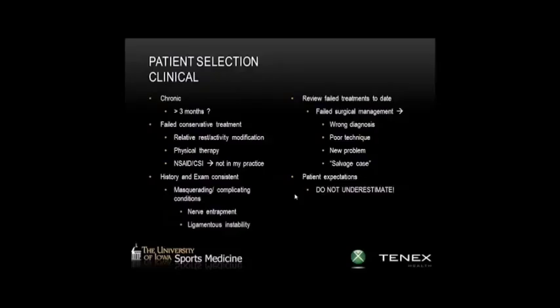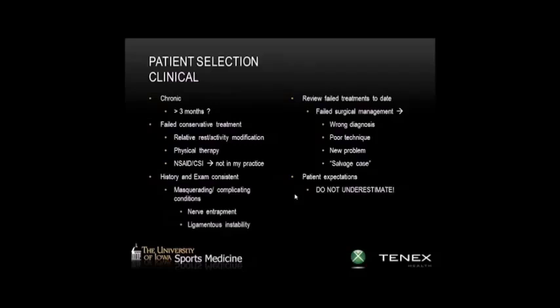I want their history and their exam to be consistent with the problem, and I think this is probably the biggest thing to take away. There are masquerading and complicating conditions out there, and these are what you want to pick up, because you're going to be treating the wrong problem, and they're not going to do well.